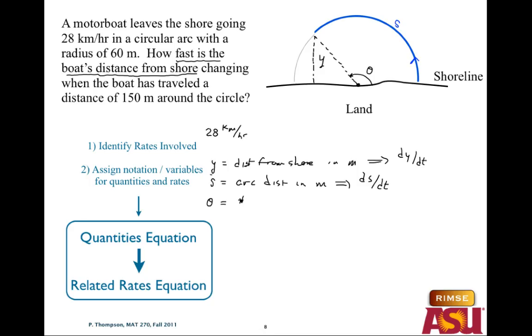Okay, so then can we write what theta is? Number of radius lengths along the arc. So can we bring together theta and s? How would you express the number of radius lengths in terms of s, which is in meters?